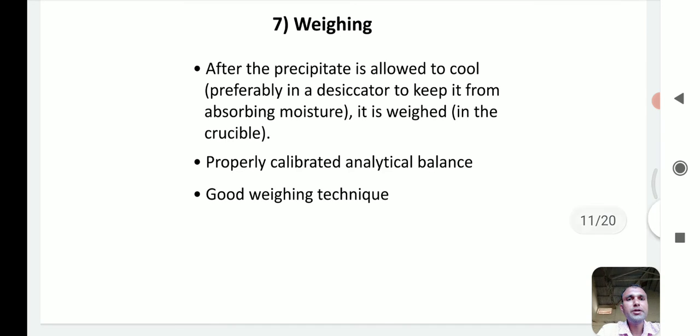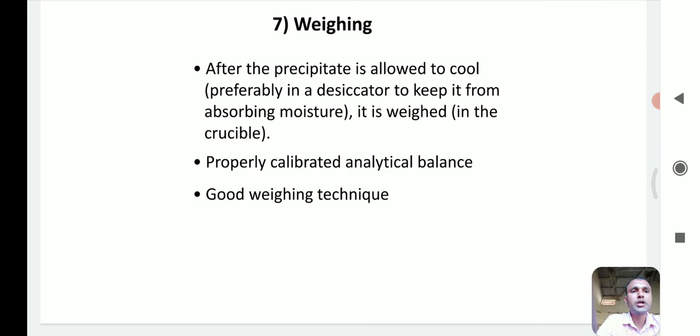Weighing. Finally, weighing. After drying, you have to cool the precipitate in a suitable desiccator containing anhydrous calcium chloride or blue silica gel, so we will get moisture-free air in the desiccator.